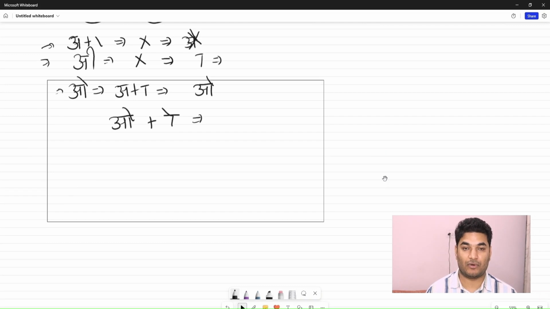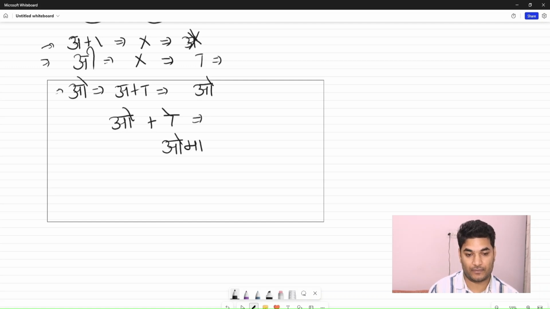Now suppose I want to write the word Oman. Oman is written like this, O-Ma-N. In its independent form, O. But in its matra form, it is written like this.